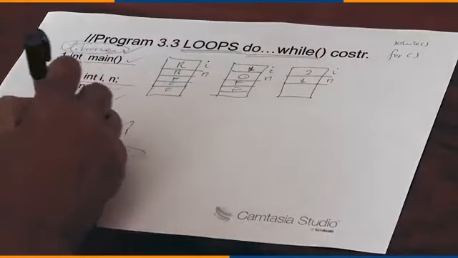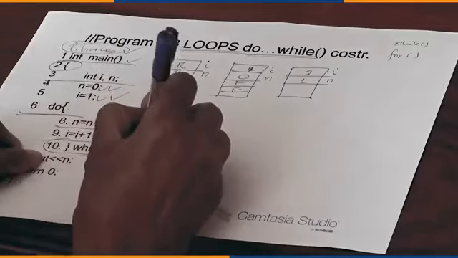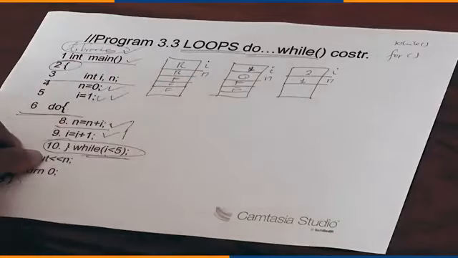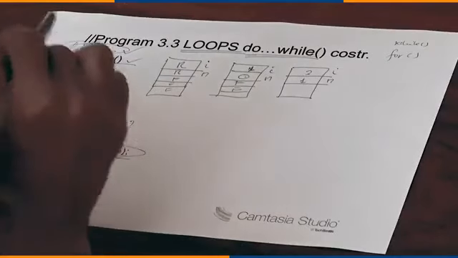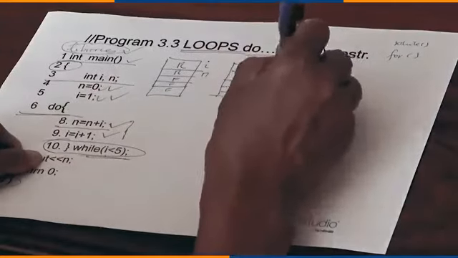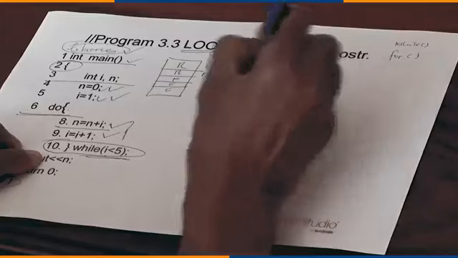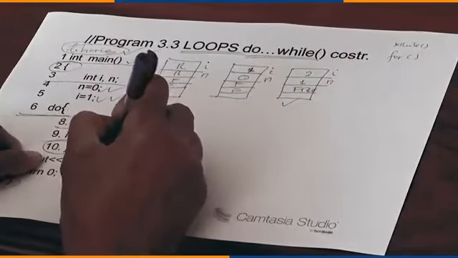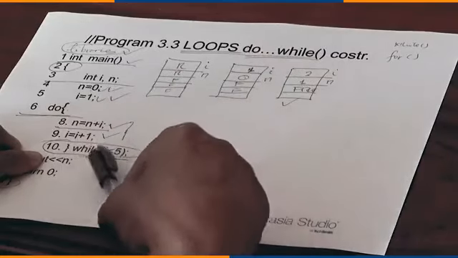So the program will come to line number 10. Here is where the first check of the loop is done. So with do-while, the first check of the loop is done after execution of at least one command. So the check is done. Is I less than 5? Is 2 less than 5? Yes.